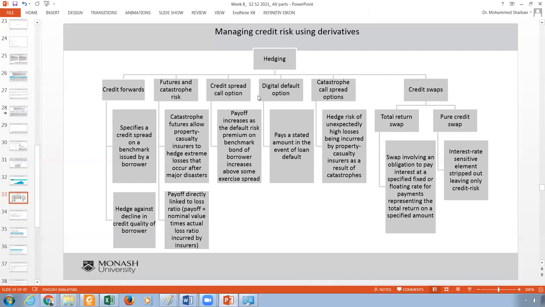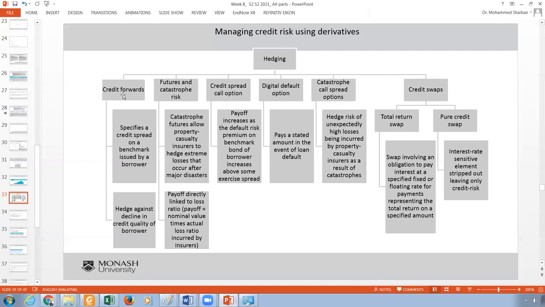Now, we have credit spread options, digital default options, and catastrophic call options. Remember, when we talk about options, it's some type of derivative where we exercise only if we choose to. So the credit spread call option will protect me against what? The payoff of it, which means how much I will get out of it, increases as the default risk premium on the benchmark bond of the borrower increases above some exercise spread.